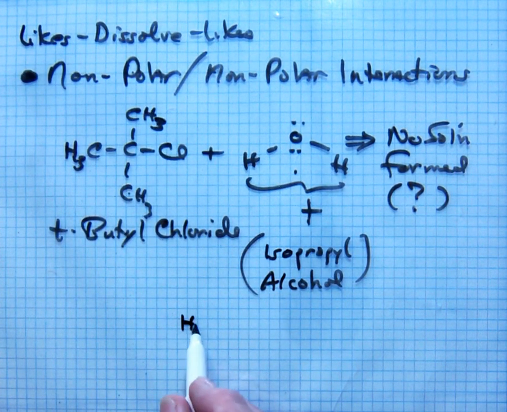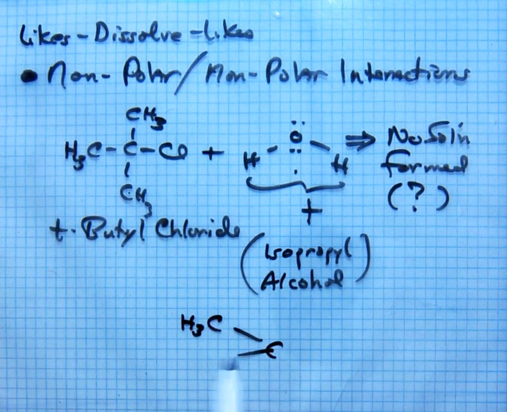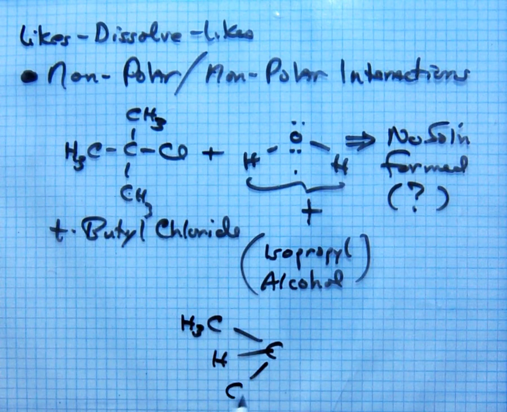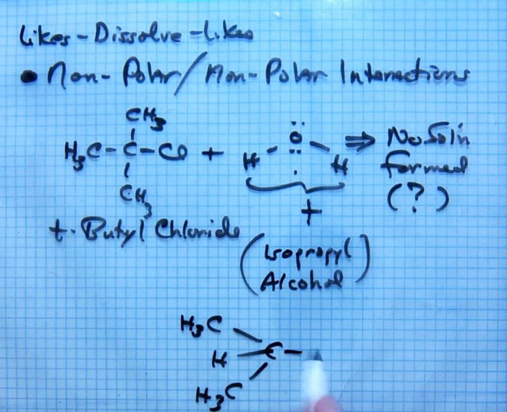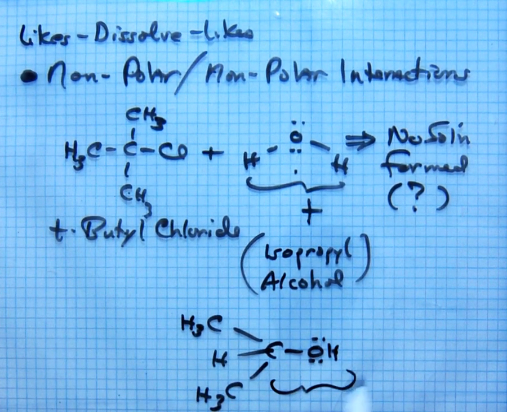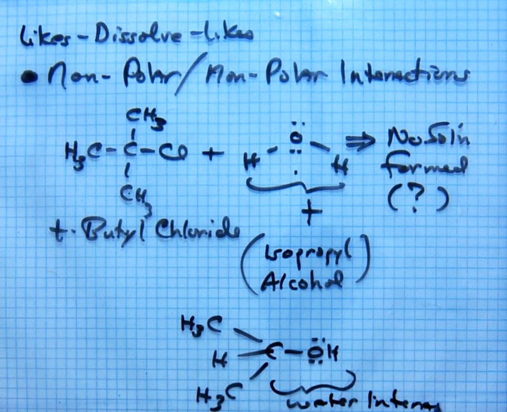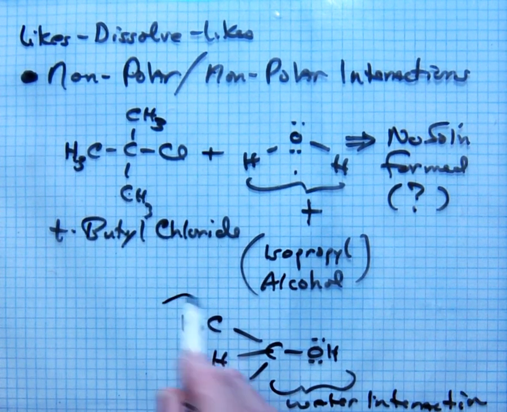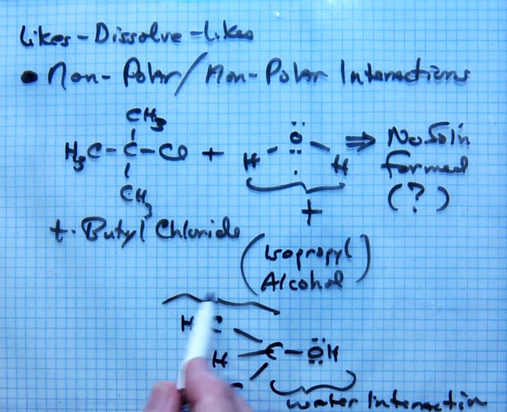It looks like this, using your tetrahedral geometry that y'all know so much about now. And then you have the OH group over here. So this part here interacts with the water, and this part over here is organic interaction.